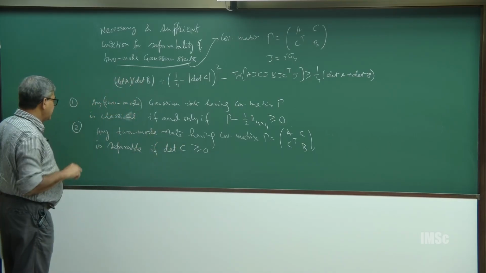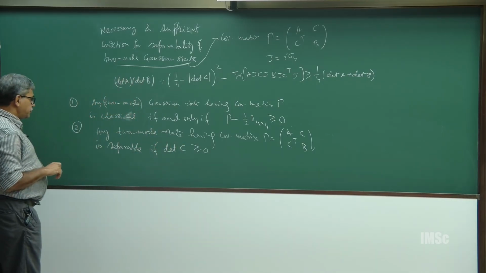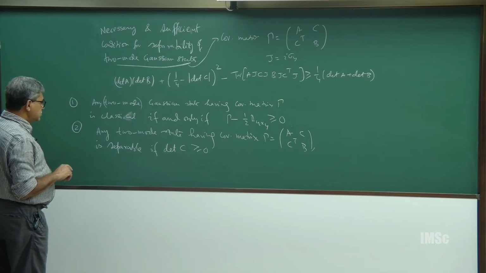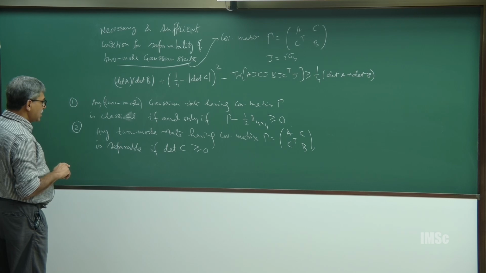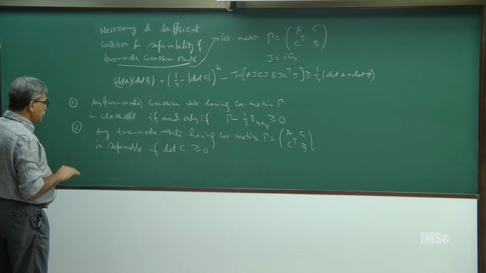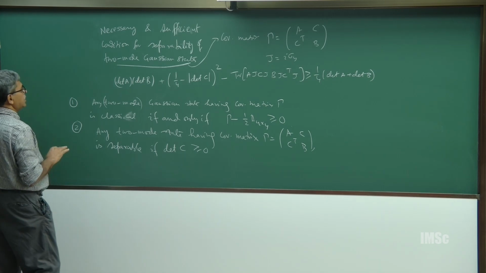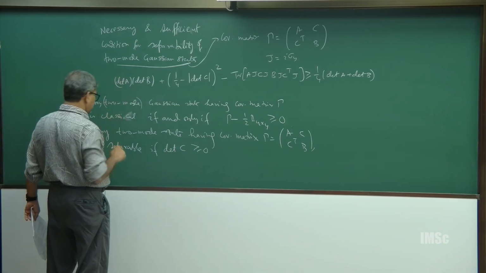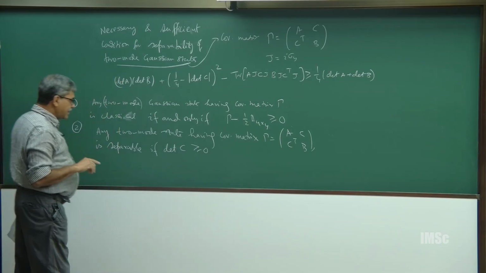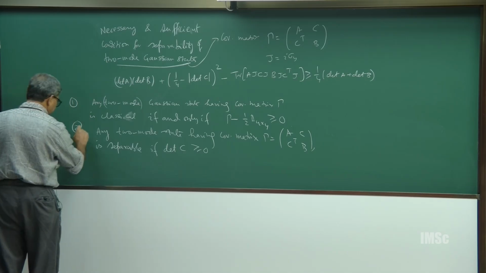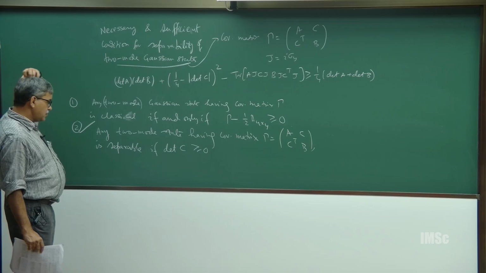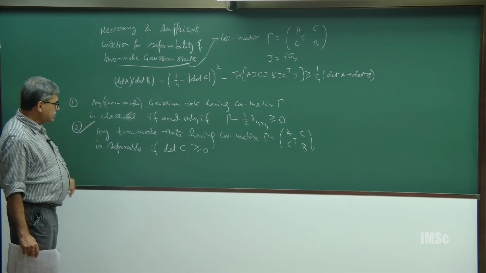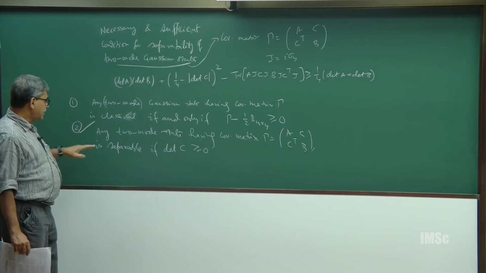Okay. So, these are the two things which we used in order to prove this result, and I think in my last class I have proved that if determinant of C is greater than or equal to 0 for a two mode Gaussian state, then the state is separable.